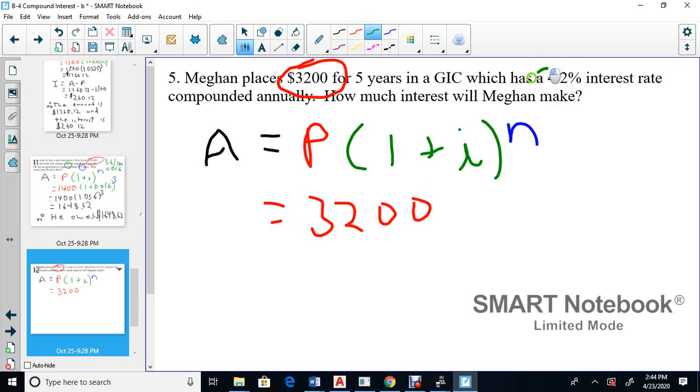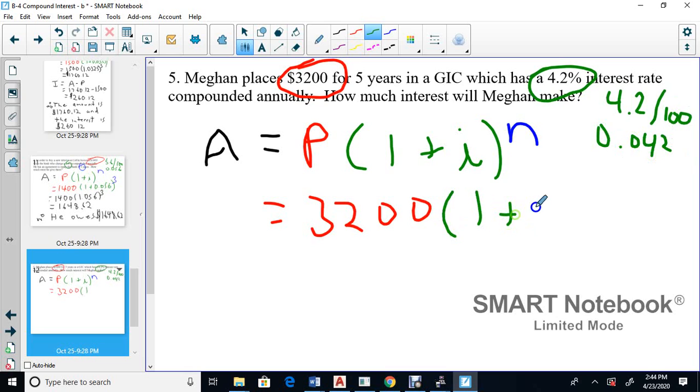Let's see if I can highlight that there. So you divide that by 100. So you do 4.2 over 100. And 4.2 over 100 is 0.042. So in here you get 1 plus 0.042. Okay, and then how many years? 5 years. So there it is, 5.